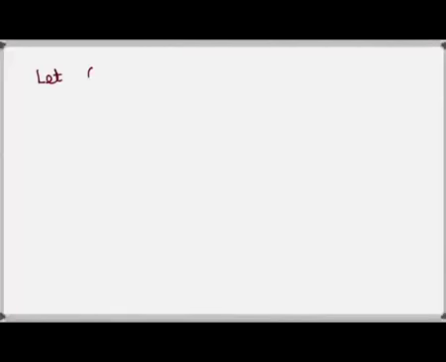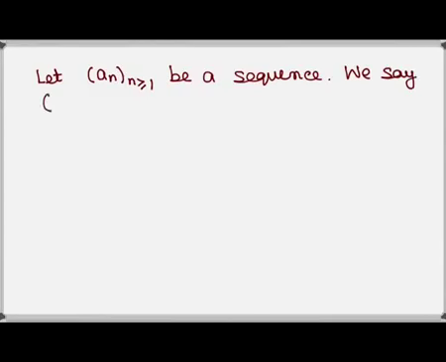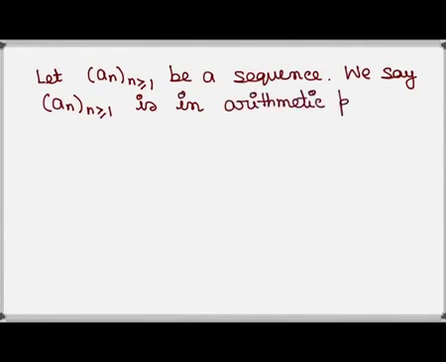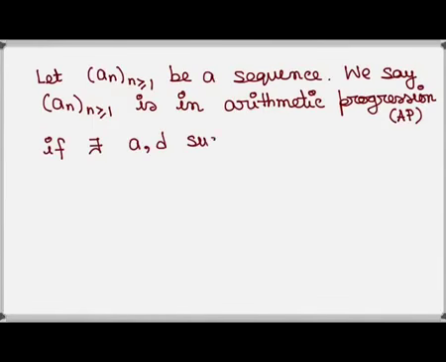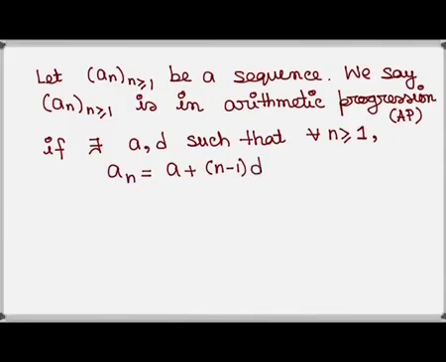Let a_n be a sequence of numbers. We say this sequence a_n is in arithmetic progression, in short AP, if there exist a, d such that for all n bigger than or equal to 1 we have a_n is equal to a plus (n minus 1) into d.